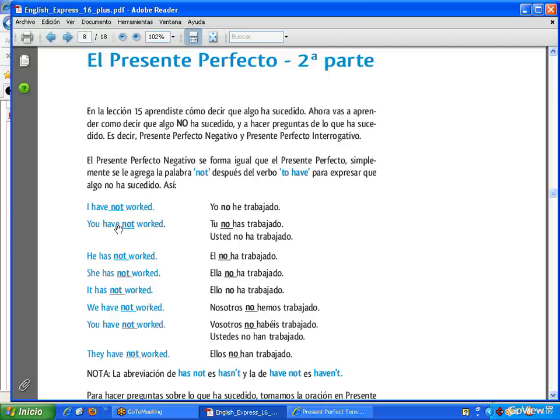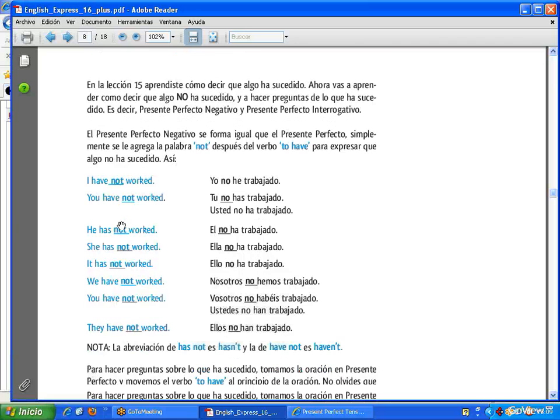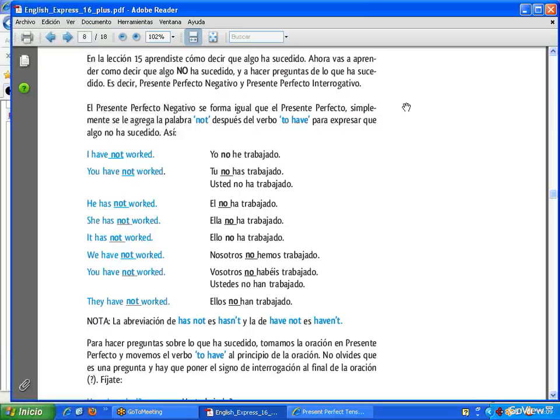So, I have not worked. Now, what is important at this stage, you should start to use contractions. So, I think you know the contractions now. I haven't worked, you haven't worked, he hasn't worked, she hasn't worked, it hasn't worked, etc.